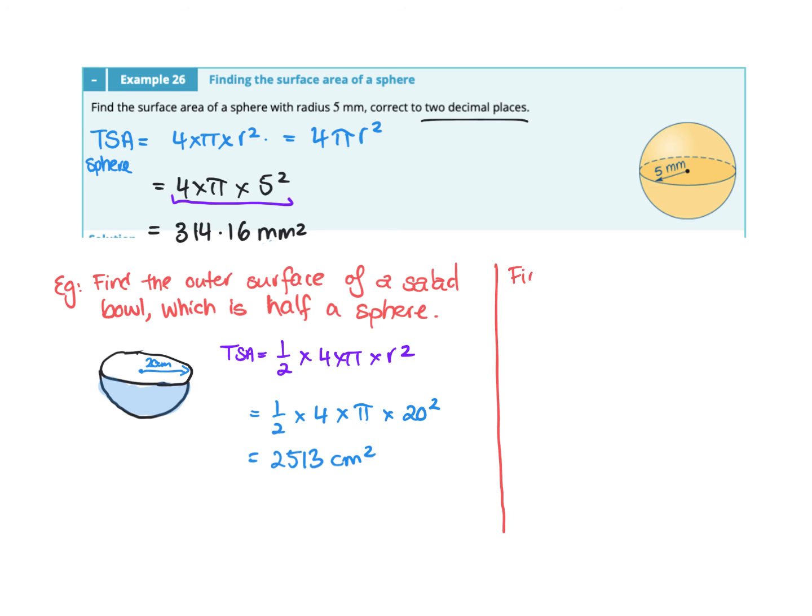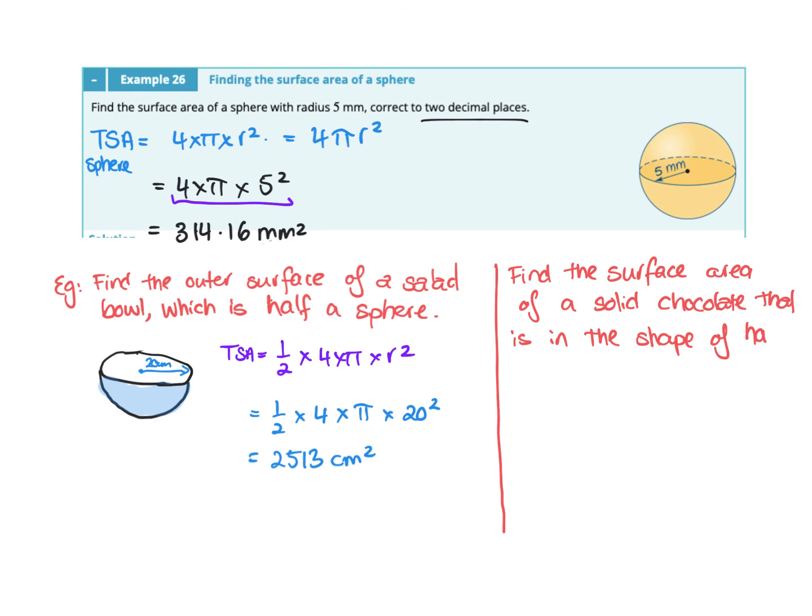They might say, find the surface area of a solid chocolate that is in the shape of a hemisphere, because that's what half a sphere is, with radius 5 millimeters.